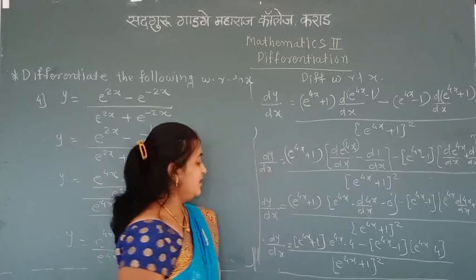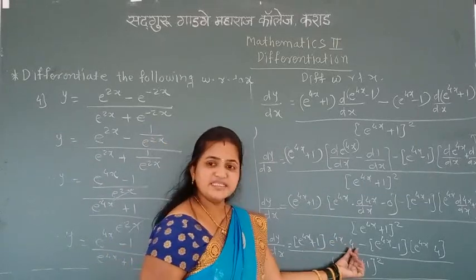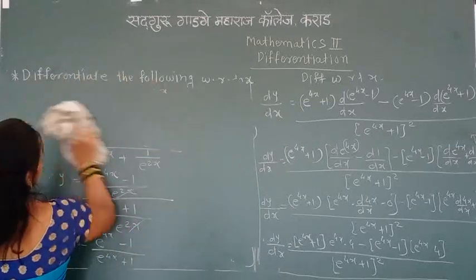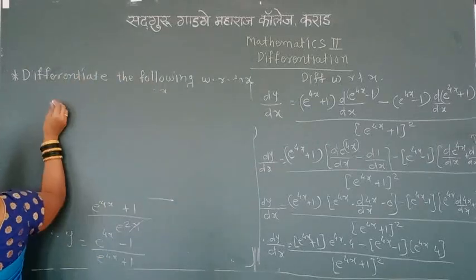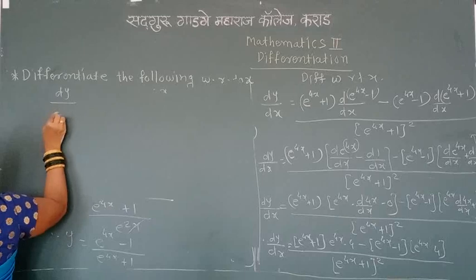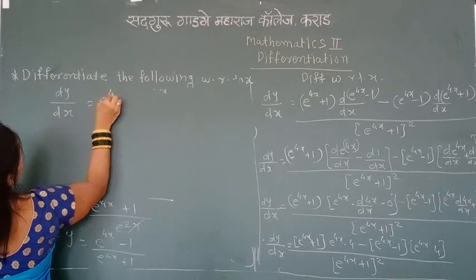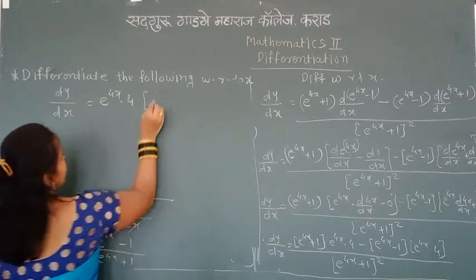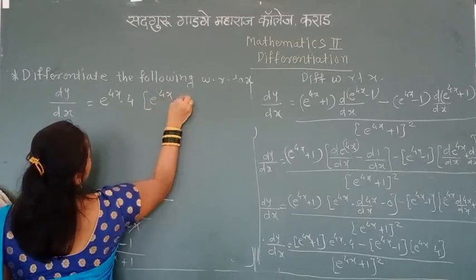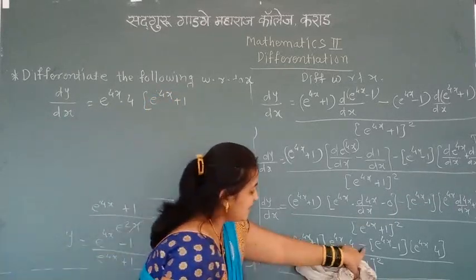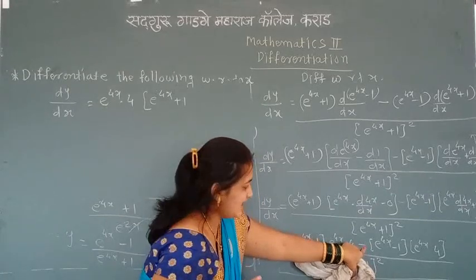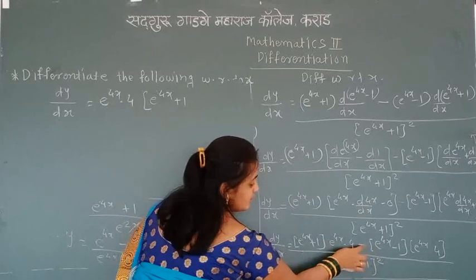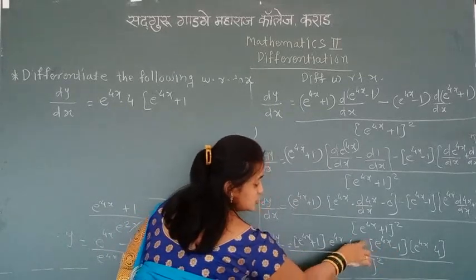Again here simplify. e raised to 4x multiplied by 4, 4 is a constant, take it outside. So inside the bracket, dy by dx is equal to e raised to 4x multiplied by 4, a constant taken outside, inside the bracket e raised to 4x plus 1. Now open the bracket, then the minus sign goes inside the bracket, so this plus goes to minus, this minus goes to plus.